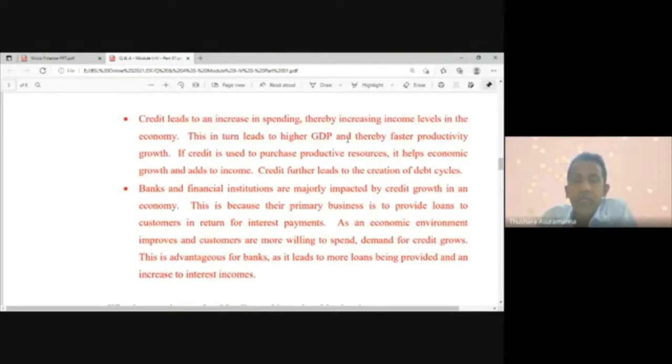If credit is used to purchase productive resources, it helps economic growth and adds to income. It further leads to the creation of debt cycles. Third, bank financials are majorly impacted by credit growth in an economy. This is because their primary business is to provide loans to customers in return for interest payments. As the economic environment improves, customers are more willing to spend and demand for credit grows. These are advantages for banks as it leads to more loans being provided and an increase in interest income.